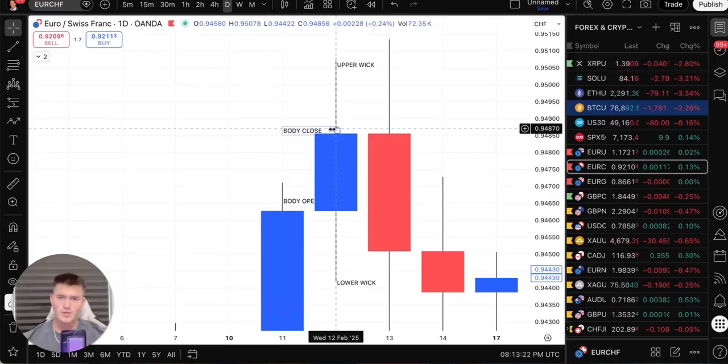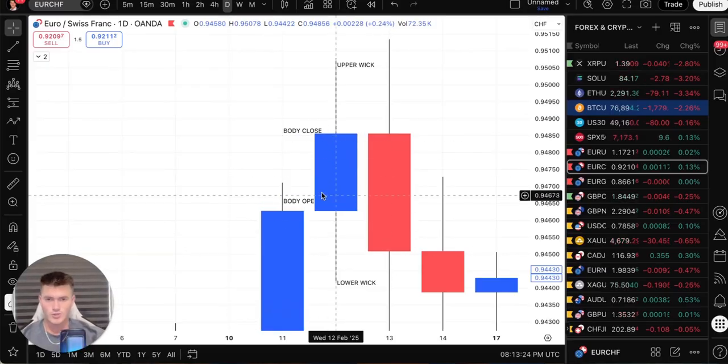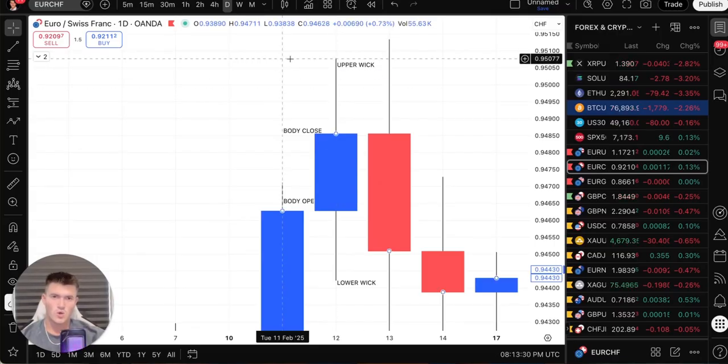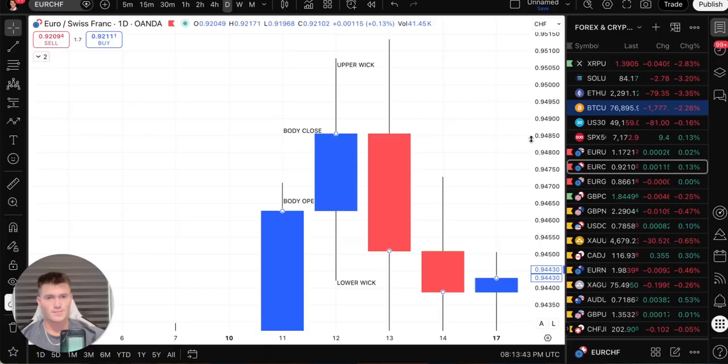So during this daily candlestick, the highest price went was 0.95077. Price rejected this area, came back and closed right here at 0.9485747.